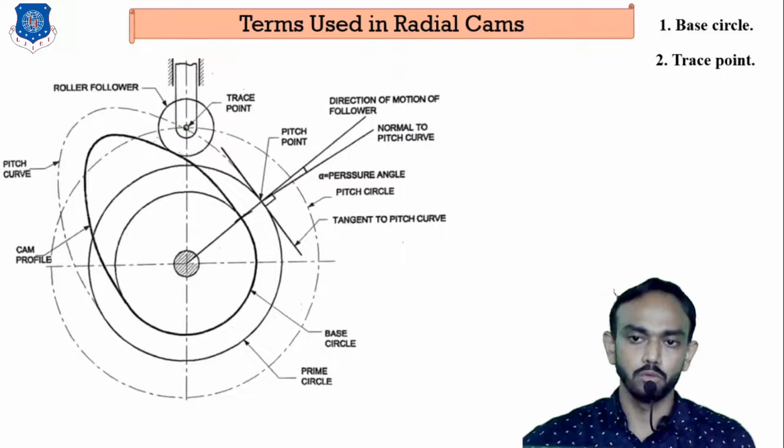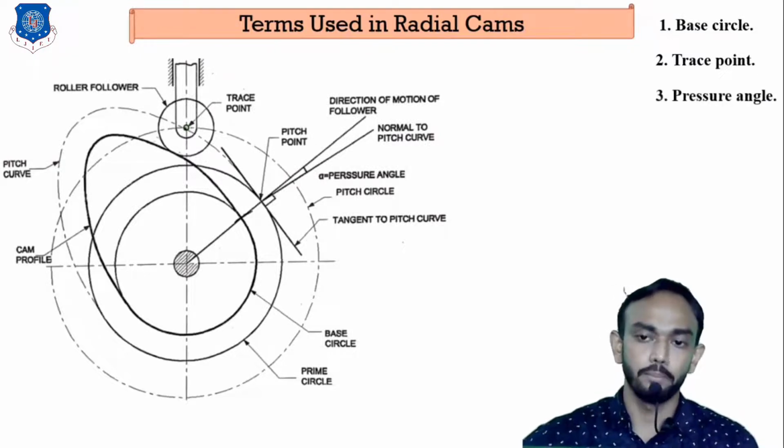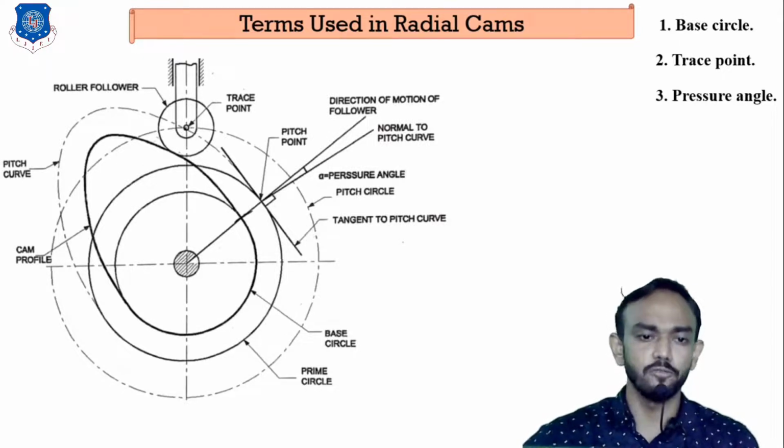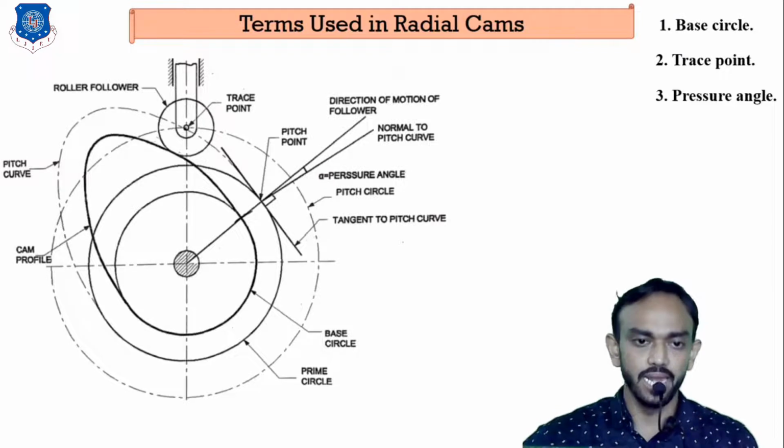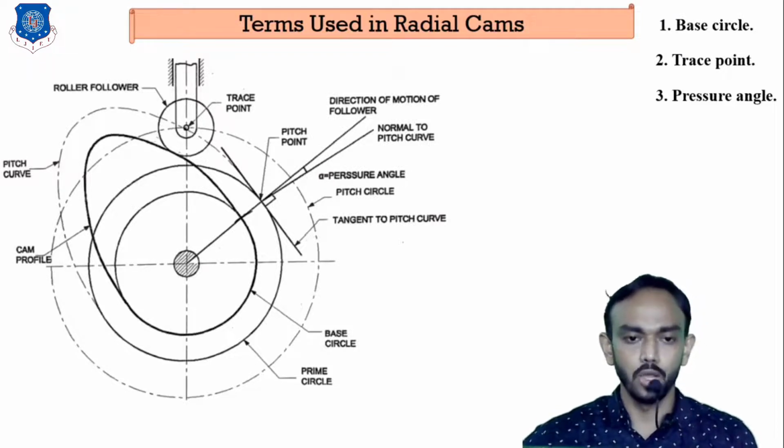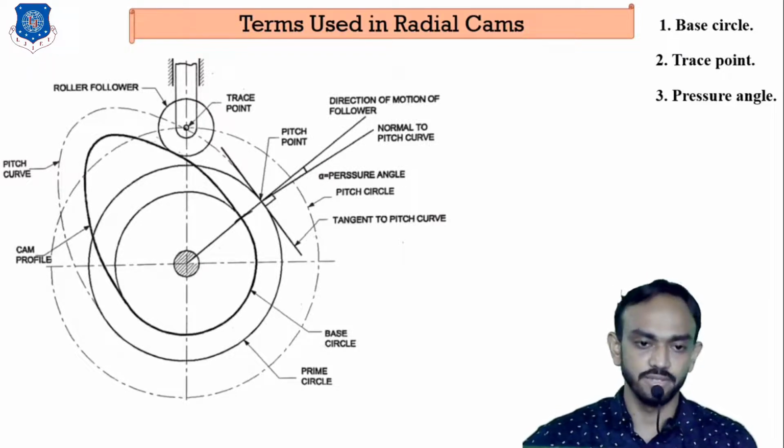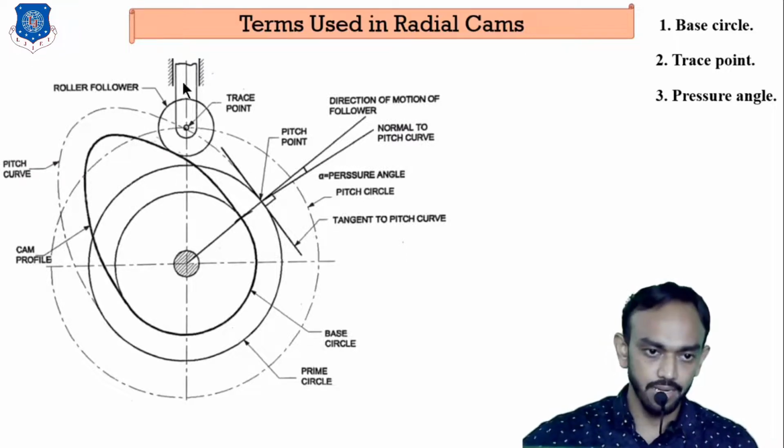Now the third is known as the pressure angle, which is very important. Pressure angle is the angle between the line of action of the follower and the common normal at a point of the surface. I am giving you an example.